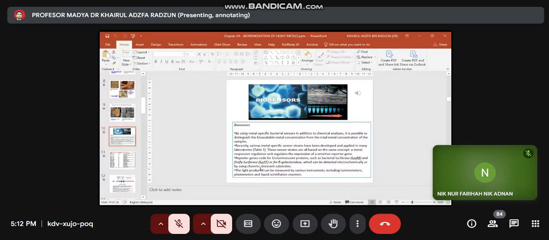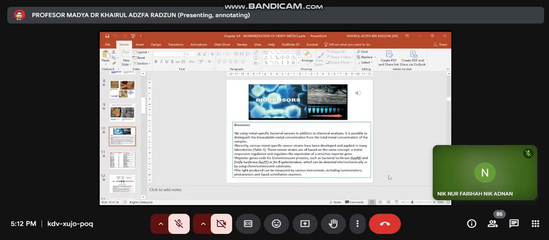When metal is present, the sensitive reporter gene will express the luciferase, and when there is a chemiluminescent substrate within the system, the substrate will glow.